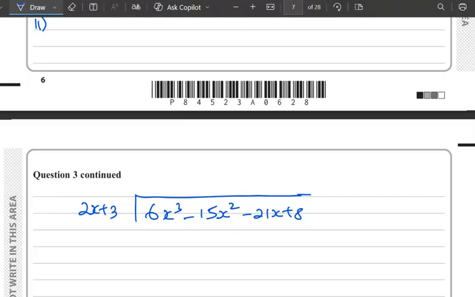And remember, we used the concept of silly Billy. So 2x goes into this how many times? We will have 3x squared, and 3x squared times this gives you 6x cubed, plus this gives you 9x squared. At this point we can subtract. This one gives you 0.